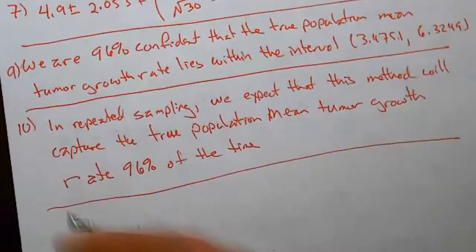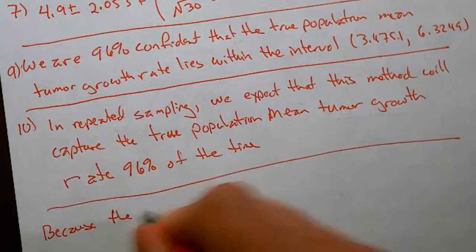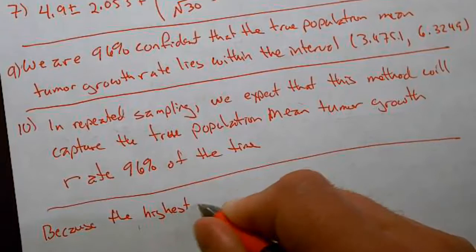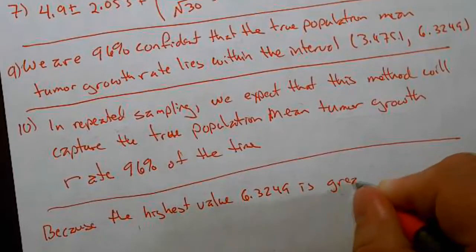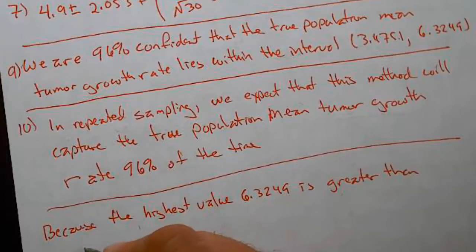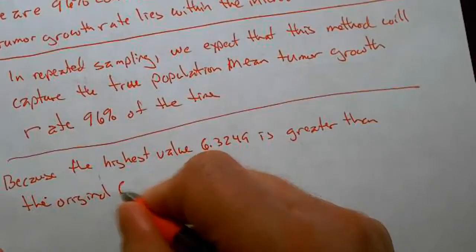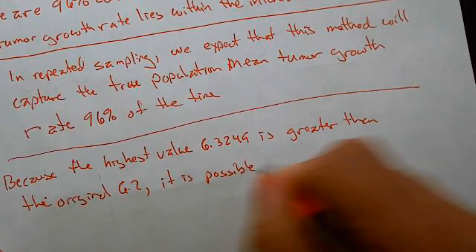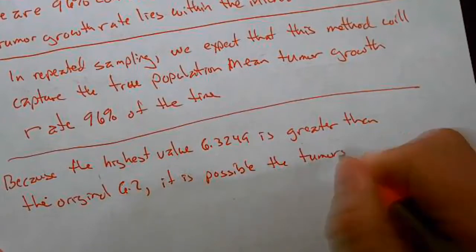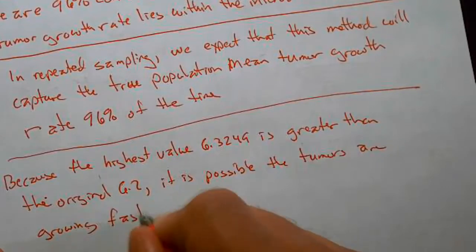So we're going to say because the highest value 6.3249 is greater than the original 6.2, it is possible the tumors are growing faster, right?